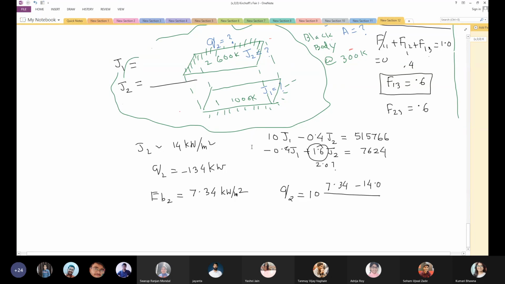Epsilon Q. Epsilon is 0.5, so 1 minus epsilon by epsilon is 1 here, because epsilon is 0.5. So minus 67 kilowatt. That's the kind of value it should be. Yes, correct.